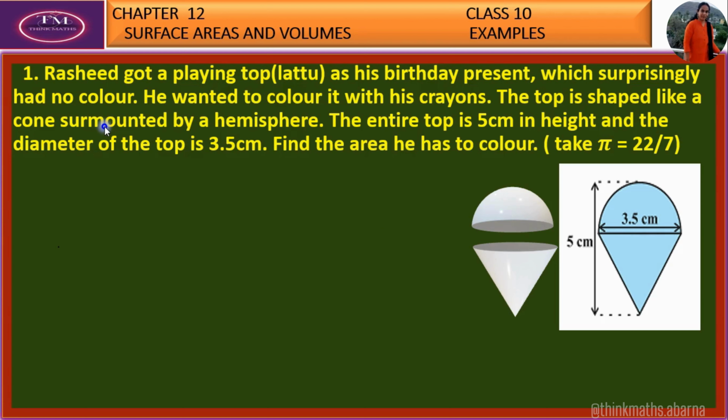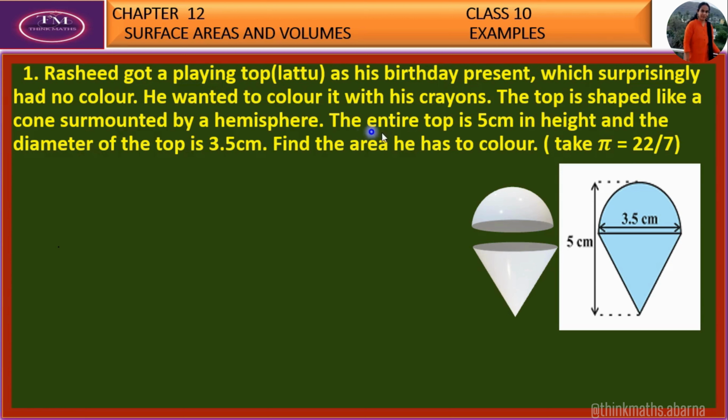Surmounted means this hemisphere is placed on top of the cone. So this is the cone shape and this is the hemisphere shape.